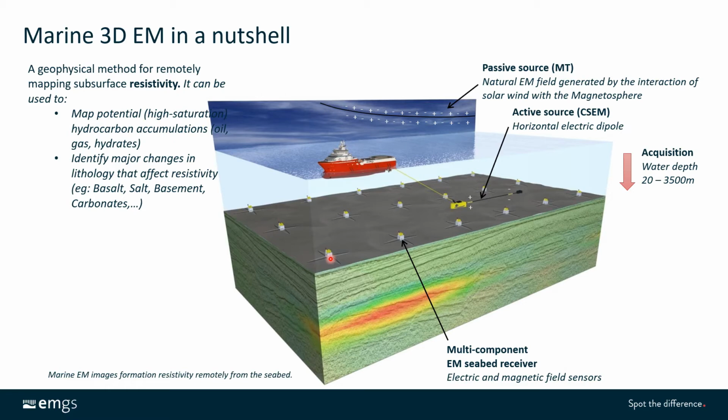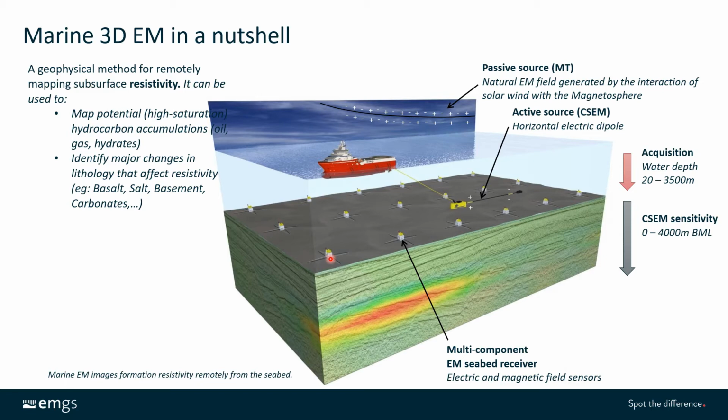But as of now, it is from 20 meter to 3,500 meter. We will talk about the CSEM sensitivity in an upcoming slide, but just wanted to let you know that while we send the EM signal, it gets attenuated as it goes deeper and deeper.